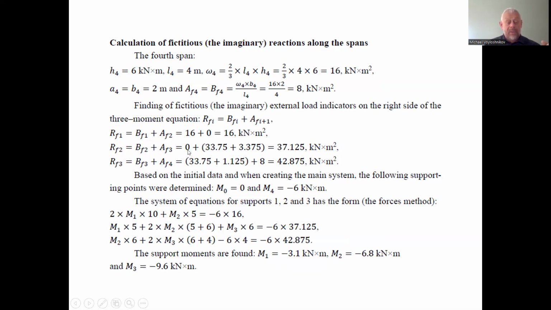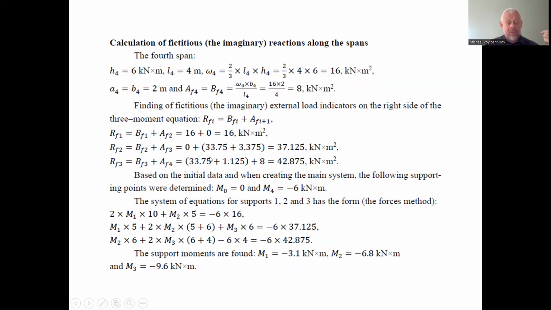For the third span we consider the second one on the left and the third on the right, but the load external to the second span is 0. So we have this one, RF2, the assumed or fictitious external load. And RF3 we have as well by this formula.